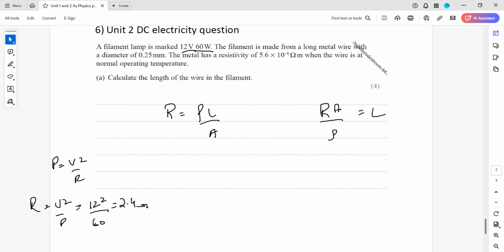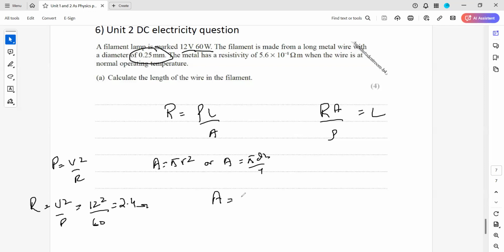Then how do we work out the area of cross section of the wire? The area of the cross section of the wire is pi r square or pi d square by 4. But it should be in meter, so the diameter or radius should be converted. It's given in millimeter, so we have to divide by 1000.